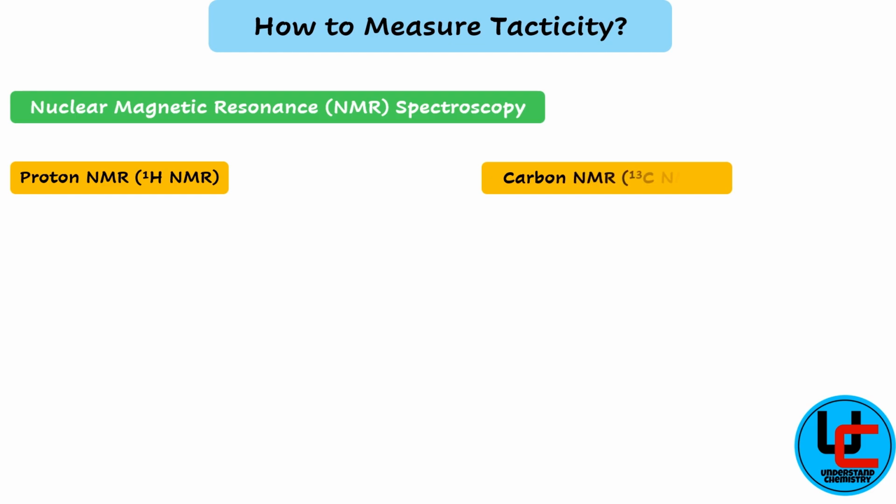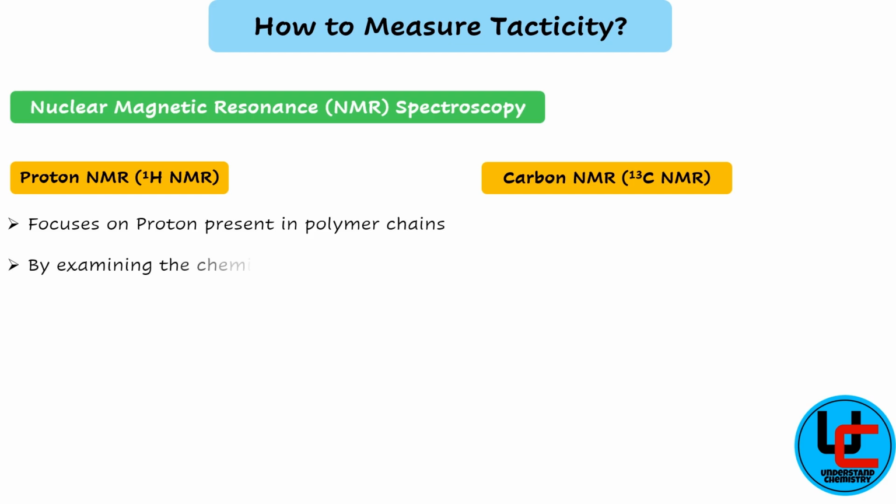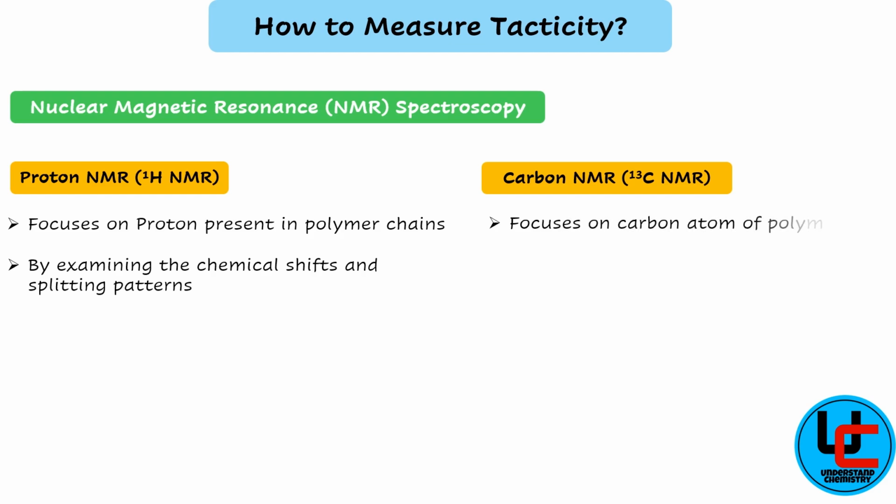The proton NMR spectroscopy analyzes the hydrogen atoms in the polymer chain. By examining the chemical shift and splitting pattern, we can determine the arrangement of side groups and calculate the tacticity. The carbon-13 NMR method focuses on the carbon atoms in the polymer backbone. It provides detailed information about the stereochemistry of the polymer, allowing us to distinguish between isotactic, syndiotactic, and atactic sequences.